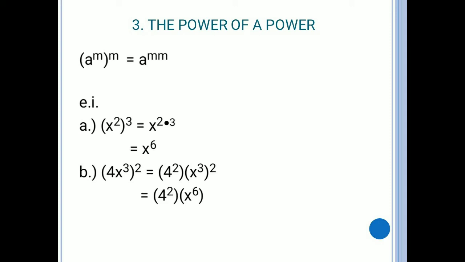And x to the third power raised to 2 is equal to, anong gagawin? Pag-multiply muna natin yung exponent sa labas at sa loob. So, 3 times 2 is equal to 6. So, our final answer is 16x raised to 6.